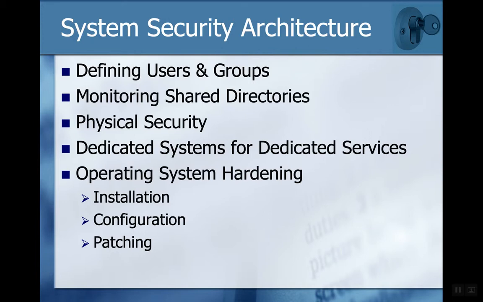What you want to do is define groups, and the characteristics of groups, and then put individuals into those groups. Other things: monitoring shared directories, physical security, which is always a consideration, dedicated systems for dedicated services, and finally operating systems hardening.